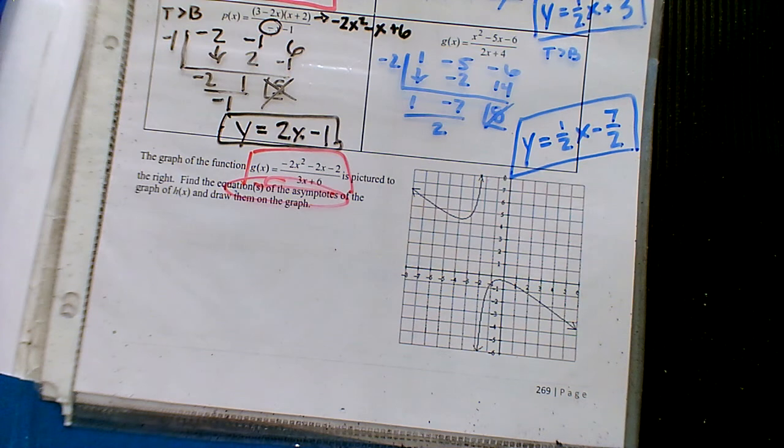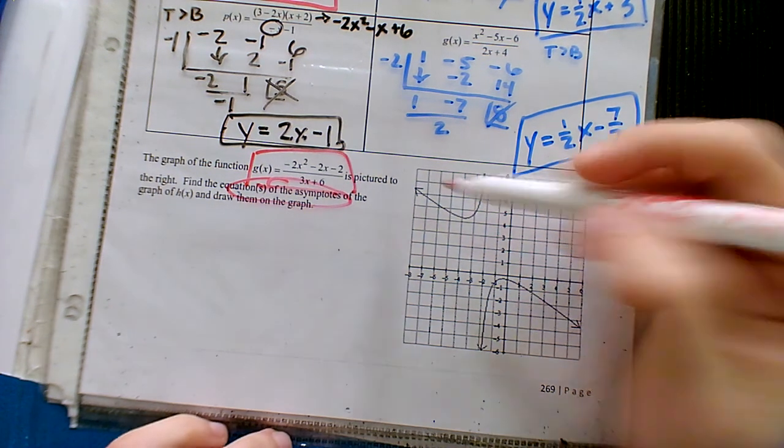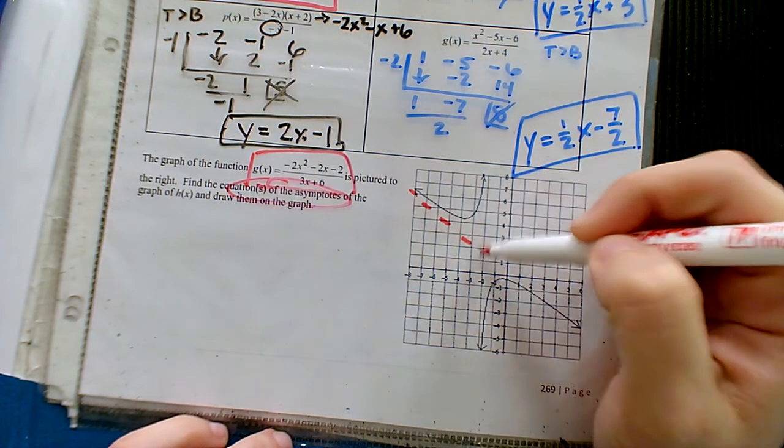Can you find a vertical imaginary line somewhere, a horizontal imaginary line, a slanted imaginary line? What do we notice? Yeah? Okay, so definitely have a slant.